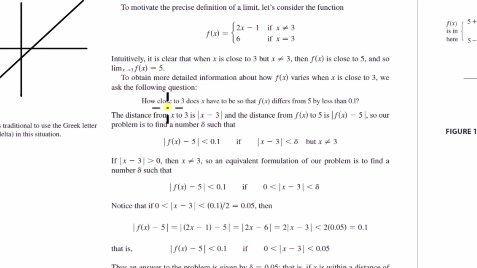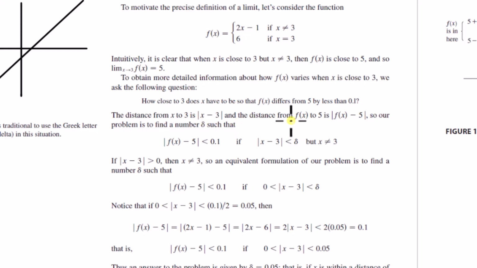And so we do this by thinking about the question, how close to 3 does x have to be so that f of x, the output, differs from 5 by less than 0.1? Okay, so what we do is we say that the distance that x is from 3 is based on the absolute value of x minus 3, right? The absolute value accounts for the fact that we could be on either side of 3, okay?